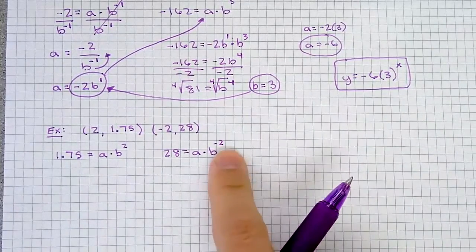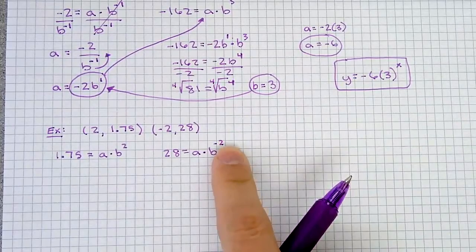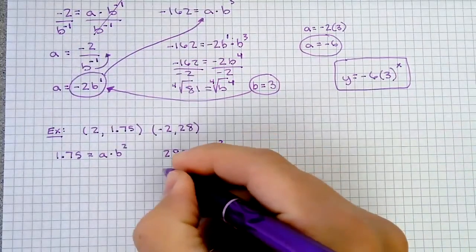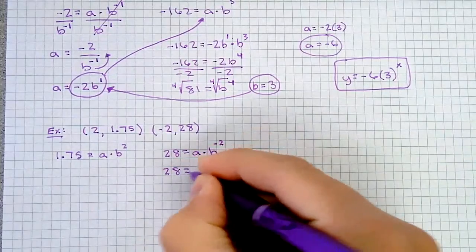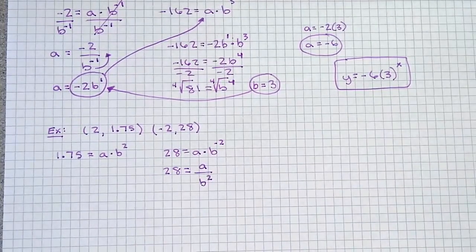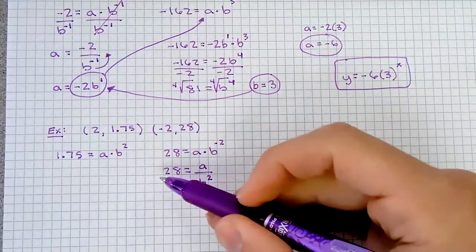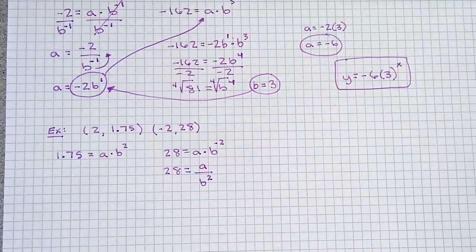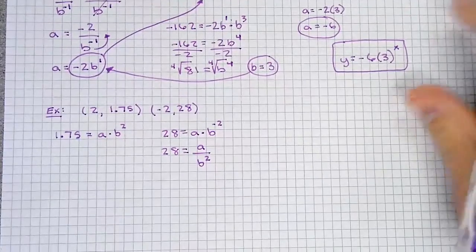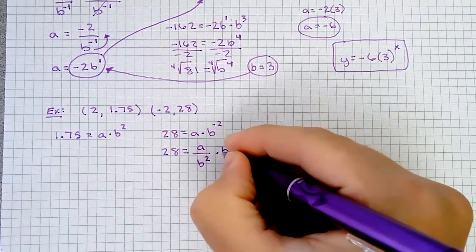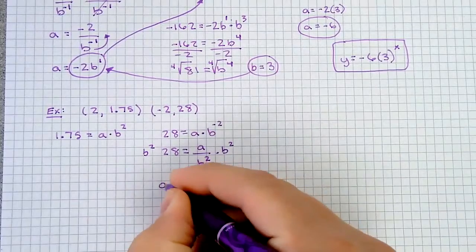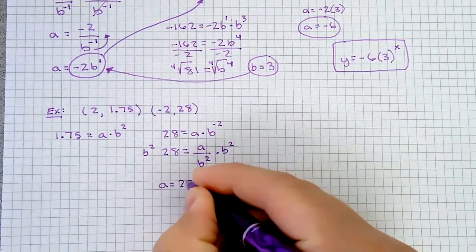If we want, we can make this positive right now. Earlier, we divided by first, but let's just say we want to make this positive from the get-go. We just turn it into a divided by b squared. We move it to the bottom of the fraction. Now it becomes positive, which makes it a little easier as well, because now we can multiply both sides by b squared, and we get a equals 28 times b squared.